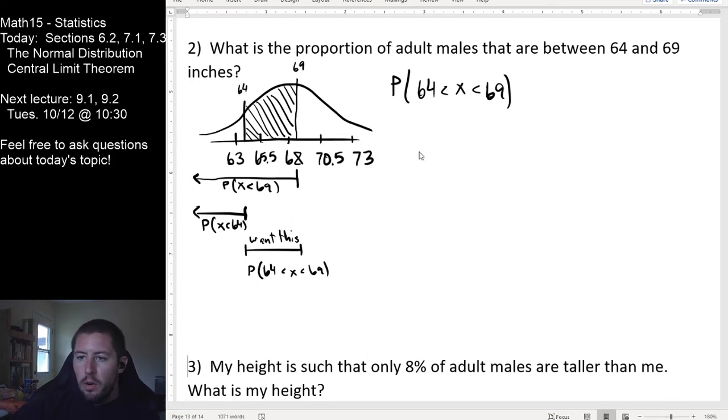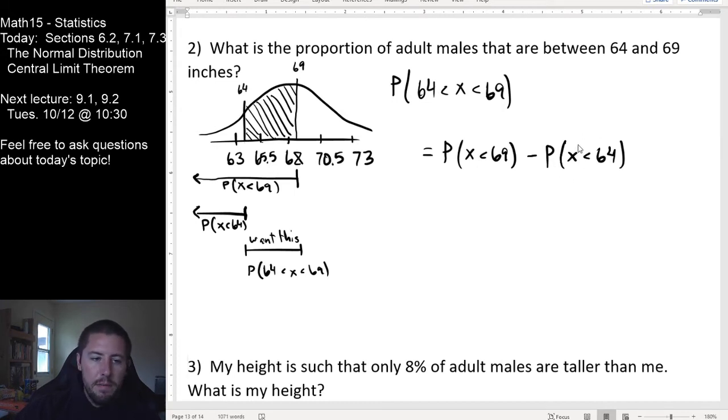All right? So we're going to rephrase this as the probability that x is less than 69 minus the probability that x is less than 64, right? Accumulate all the probability to the left of 69 and then chop off the probability up to 64 to just leave us with the probability between 64 and 69. And so it looks like we can do two different norm.dists here.